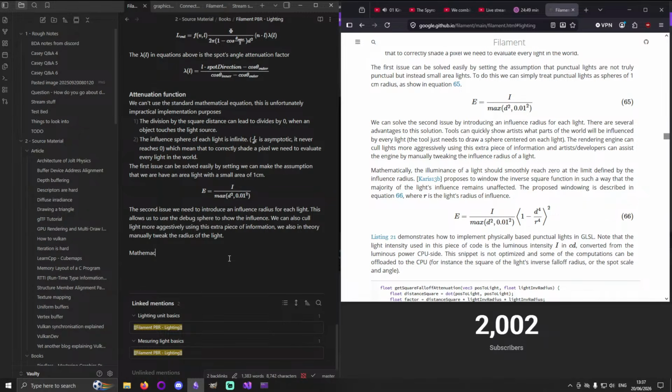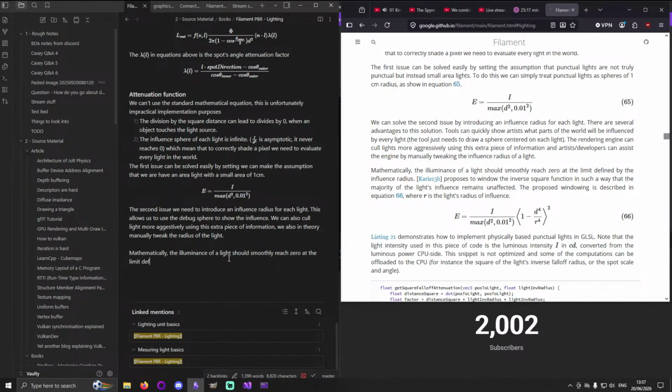Mathematically, the illuminance of a light should smoothly reach 0 at the limit defined by an influence radius.